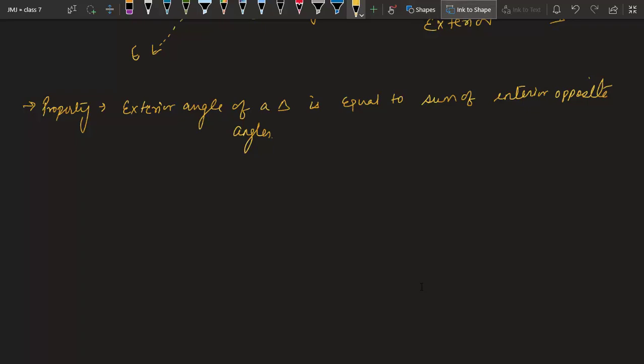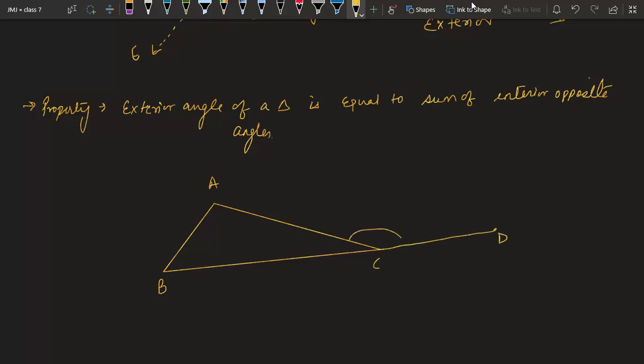Let me show you how with an example. Suppose you have a triangle ABC and this is the extended line, so this must be your exterior angle. Now what I want to say is, if x is your exterior angle in the example, we are saying that this exterior angle is equal to sum of interior opposite angles.